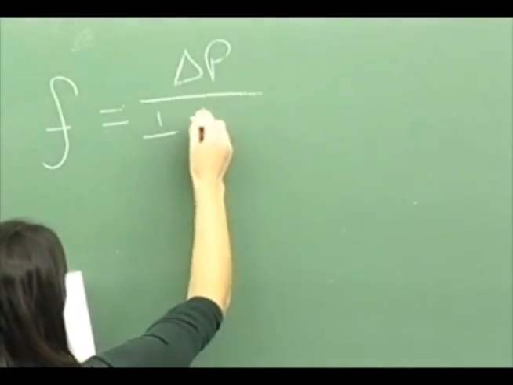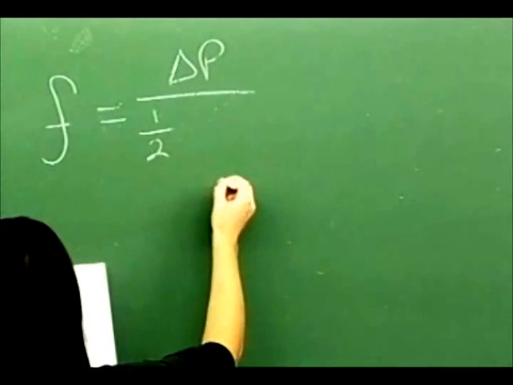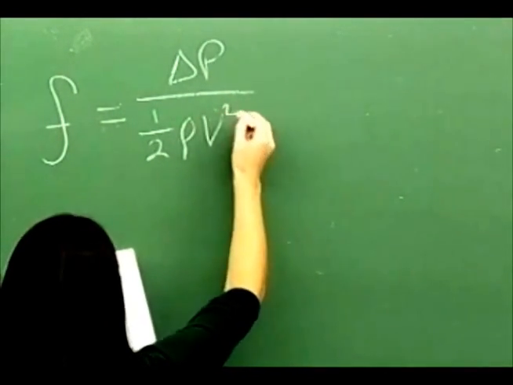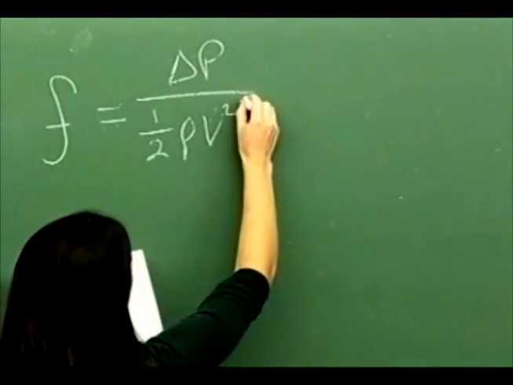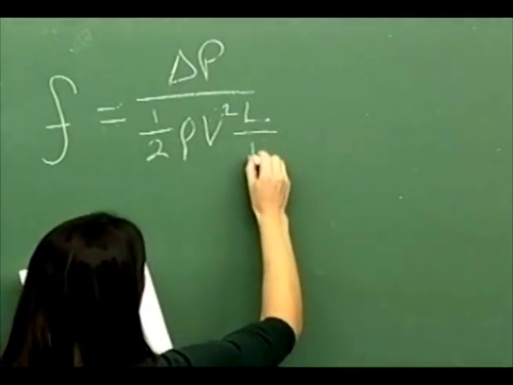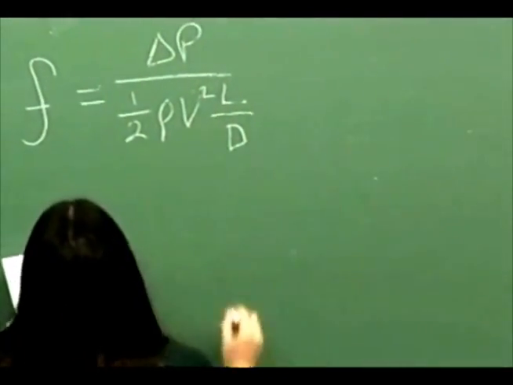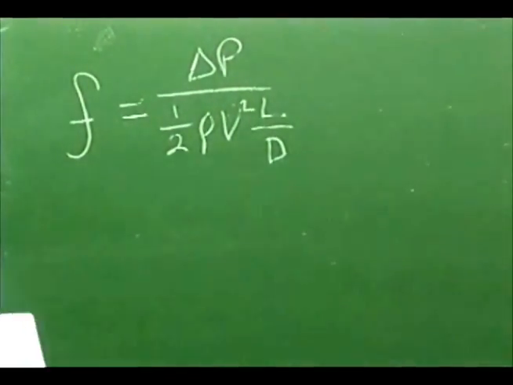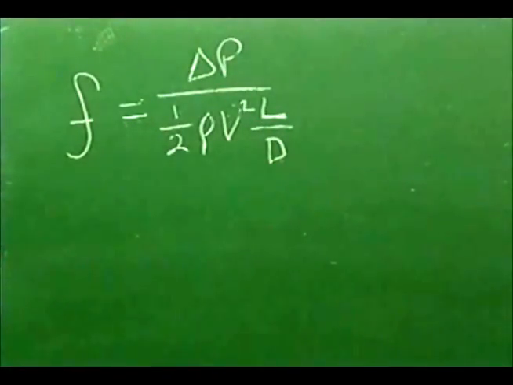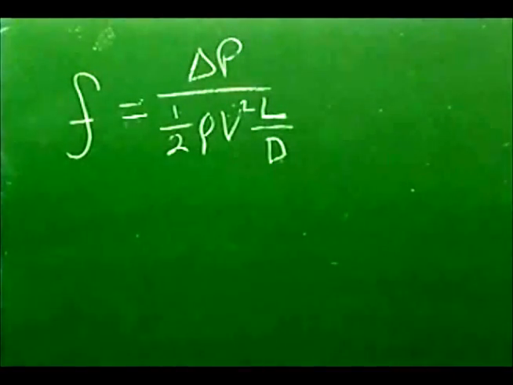So it's the change in pressure over the quantity one-half times the density of the fluid times the velocity of the flow squared times the quantity of the length of pipe over the diameter of the pipe. And this expression, I'll show you in the uncertainty calculations, will actually be converted into terms of only measured values, so that when you do your uncertainty, it's easier to understand where these uncertainty contributions are coming from.